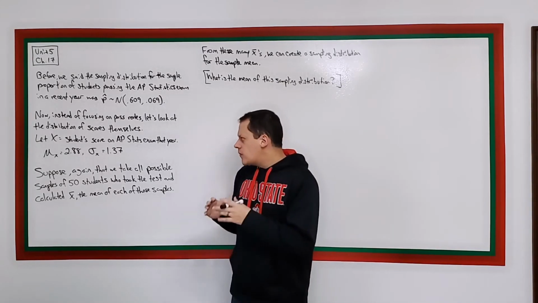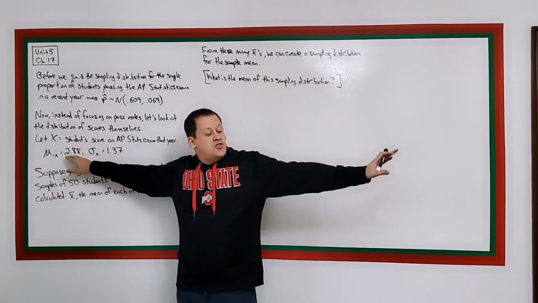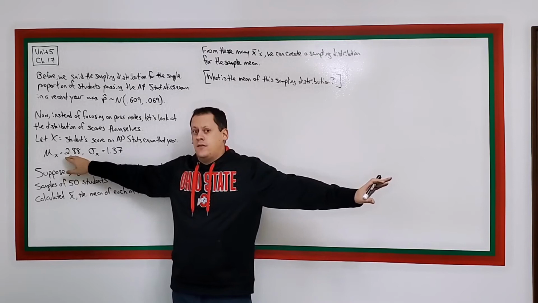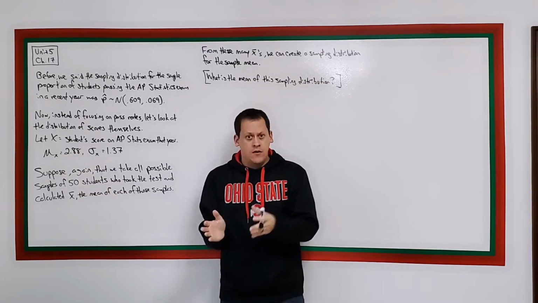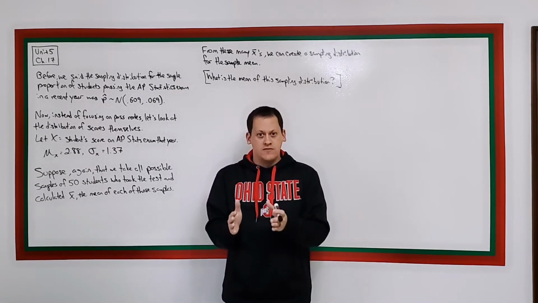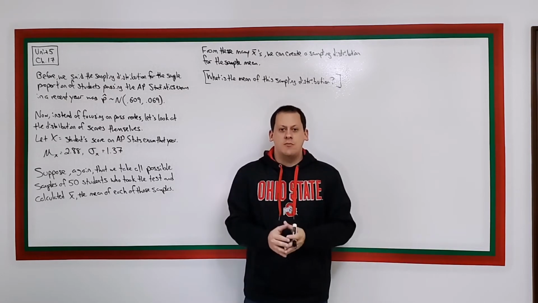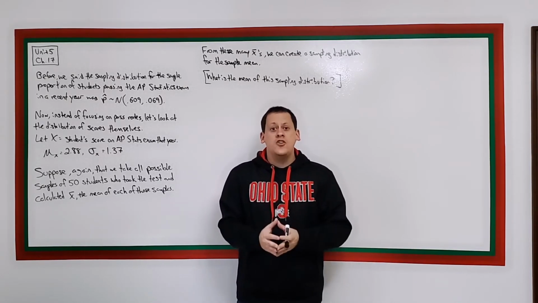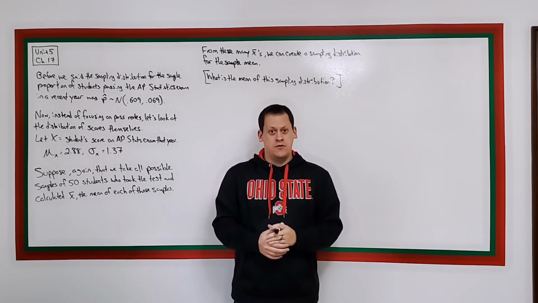So we know that the mean score for every student in the population is 2.88. So what we did was we took samples of size 50, all of the ones that we can, and we're calculating the mean from each of those samples. If we were to create a histogram of those sample means, what value would you expect to be smack dab in the middle of that sampling distribution?